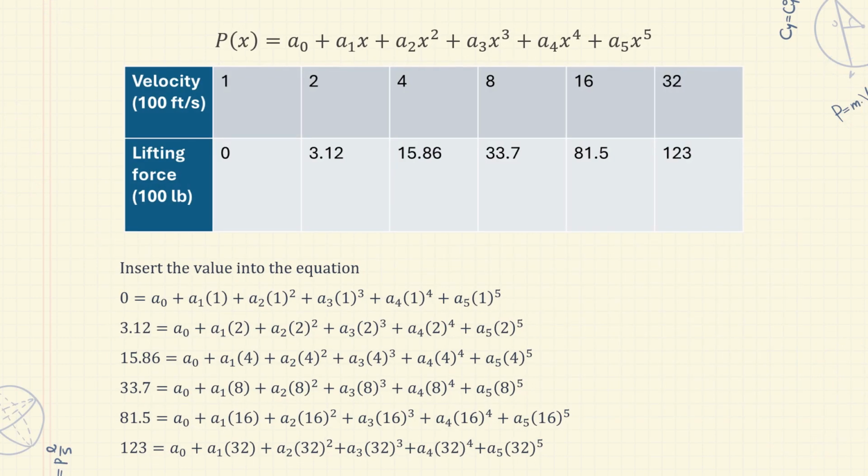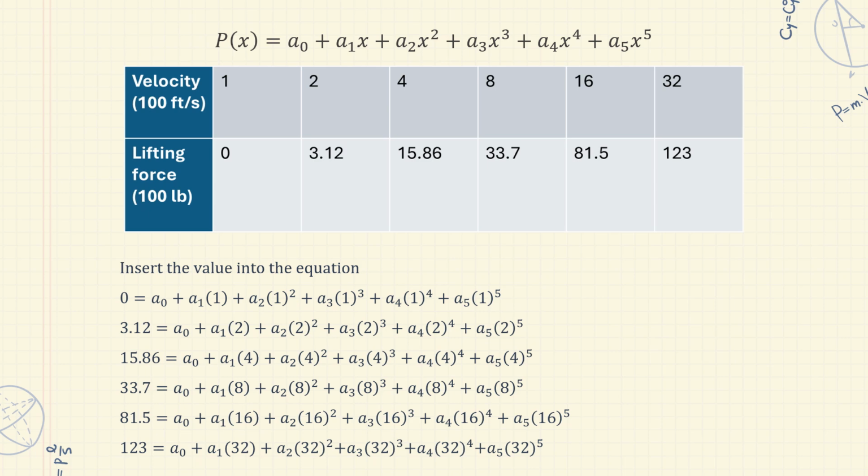Since there are 6 data points, we came up with a polynomial equation of degree 5, which is p(x) equals a0 plus a1x plus a2x squared plus a3x cubed plus a4x to the power of 4 plus a5x to the power of 5.